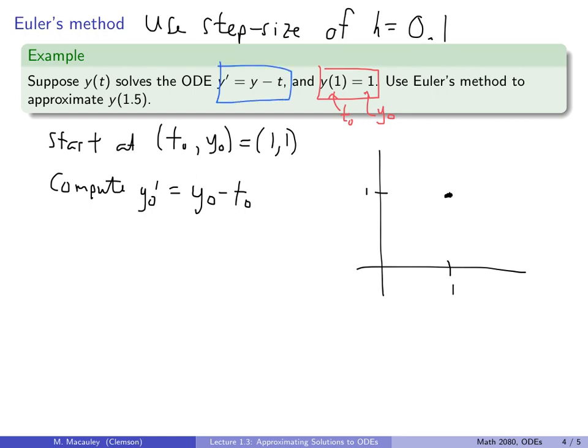Right there. At the point (1, 1), the slope is 1 minus 1. We just plug in the y value and the t value. So this is 1 minus 1, which is 0. So that means that at this point our slope is 0.